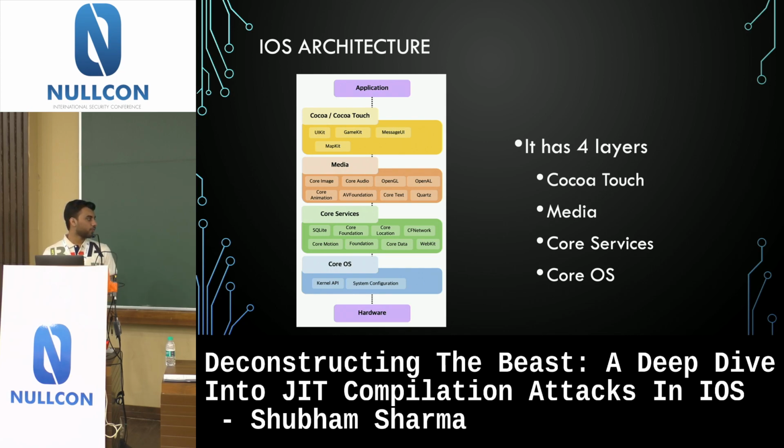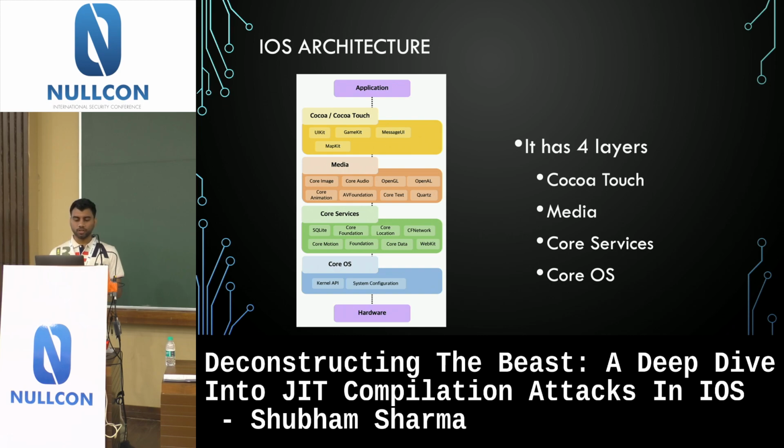Now from the diagram we can see that from the hardware perspective, the nearest layer is core OS, which basically handles most of the kernel related stuff and system configuration related to managing the hardware components like the cameras and all different components which are present.